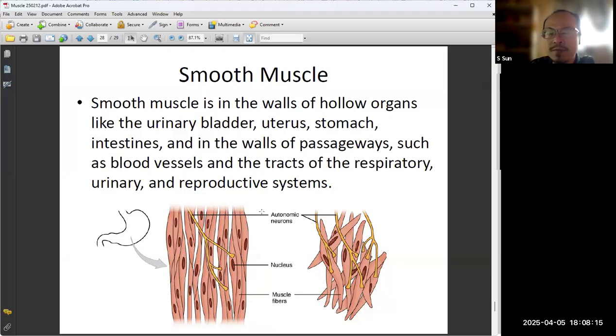The autonomic nervous system has two branches. One is called sympathetic, that is fight or flight. The other one is parasympathetic, that is digesting and resting. So the stomach, all your smooth muscle, and heart muscle are influenced by your autonomic nervous system.